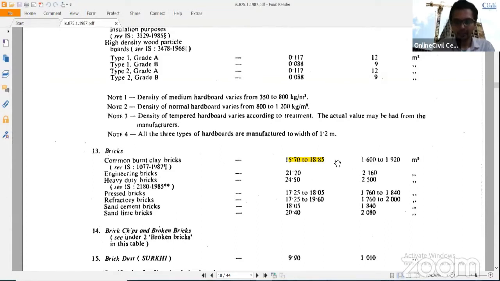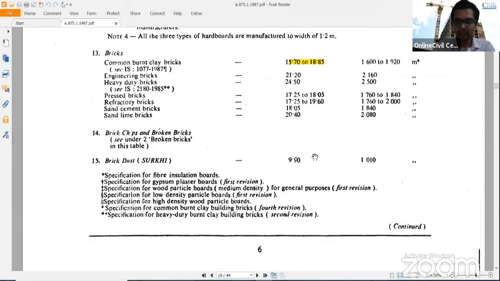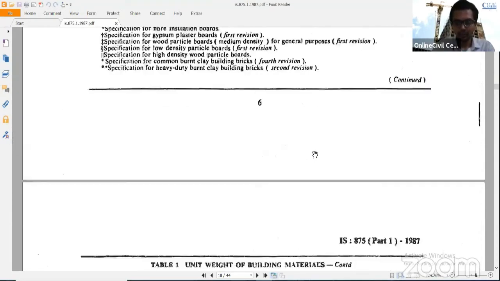So this is the unit weight of bricks which has been considered. Let's take between this range, let's take 16 kilonewton per meter cube as the unit weight of bricks. And let us also check the unit weight of your mortar.